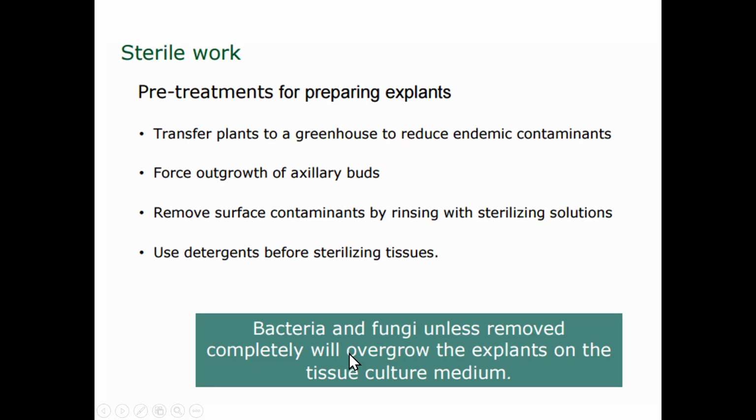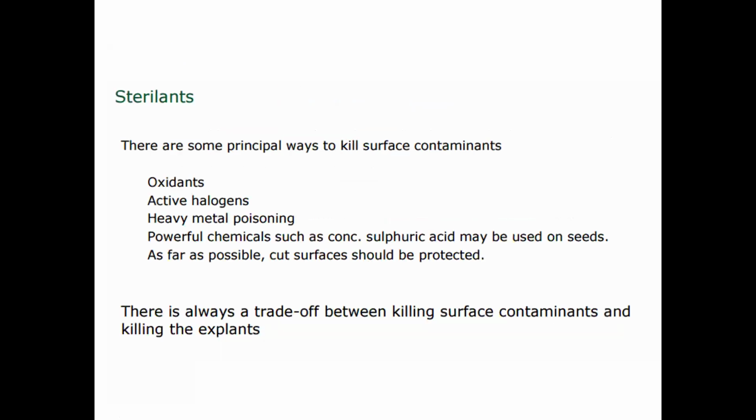Why do we remove the bacteria and fungi? Because when you grow the cell or tissue in nutrient-rich media, these microorganisms will overgrow, growing faster than your tissue culture, and it will be contaminated, and you cannot get the pure tissue culture.